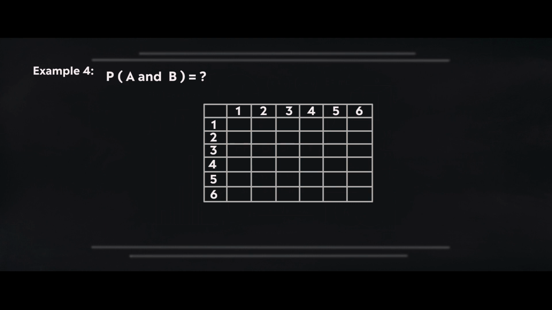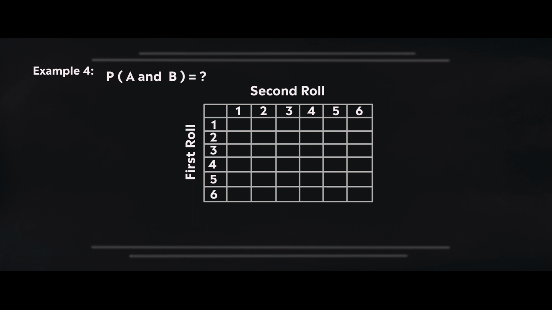So we keep vertical as the first roll, with possible outcomes 1, 2, 3, 4, 5, 6, and we keep horizontally the second roll, with possible outcomes again 1, 2, 3, 4, 5, 6. This time we are looking for getting 1 in the first roll and a sum of 5 in the second roll.